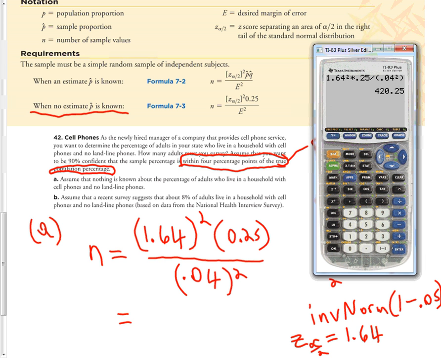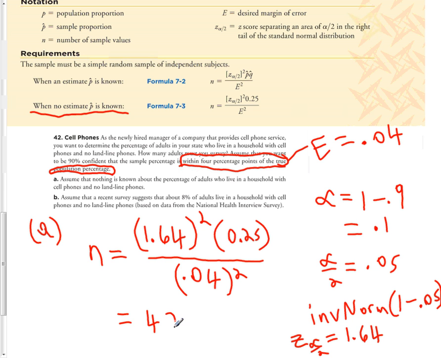Now, we're talking about a number of adults, right? So we can't have a quarter of an adult. But 420 is going to be too little because this required sample size is more than 420. So whenever you're determining sample size, always round decimal numbers up to the nearest whole number. So we're actually going to say that the required sample size here is 421. So n for part A is 421. That is the answer for part A.